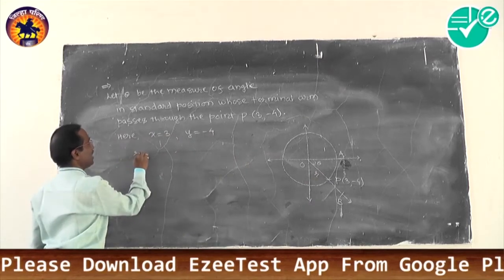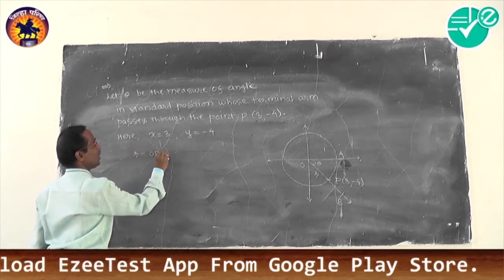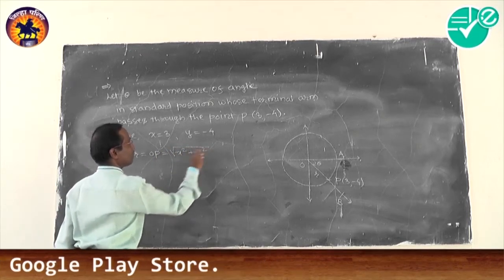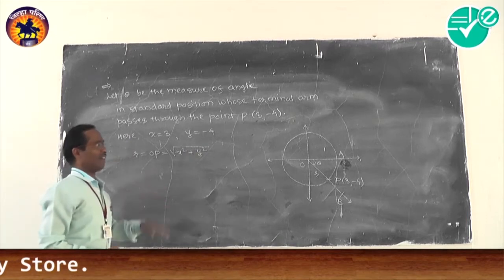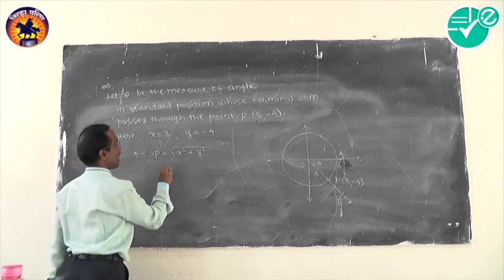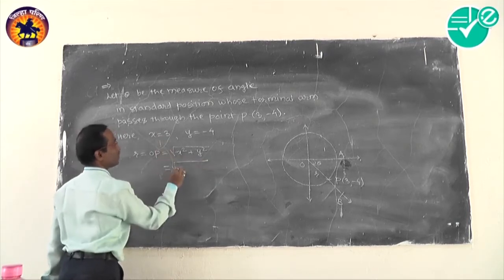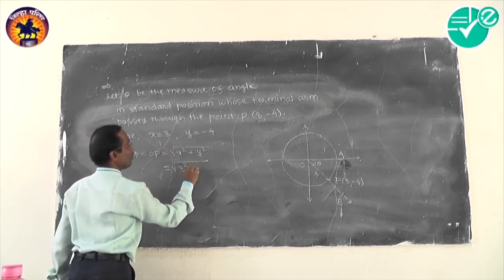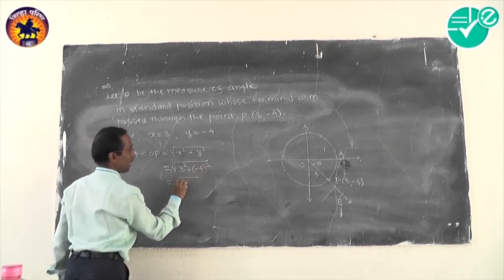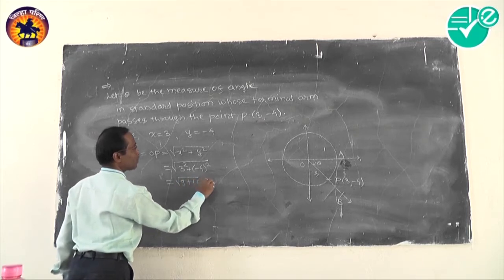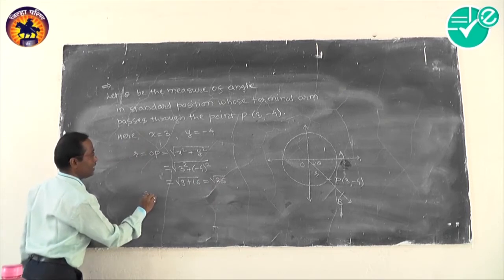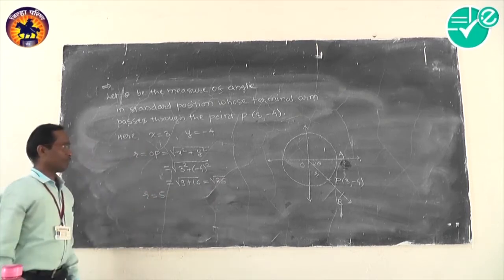So r is equal to OP is equal to under root x square plus y square, by the distance formula or by the Pythagoras theorem. Now under root 3 square plus minus 4 square is equal to under root 9 plus 16, which becomes under root 25. Therefore r is equal to 5.